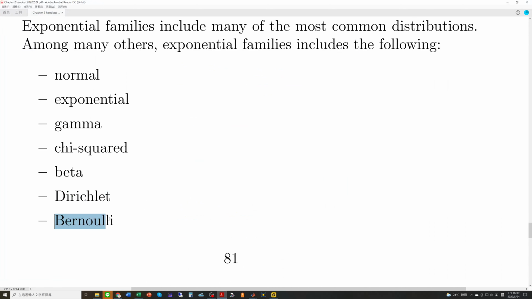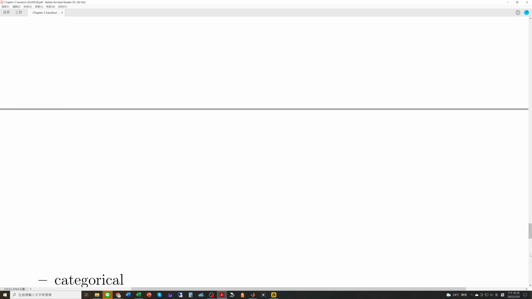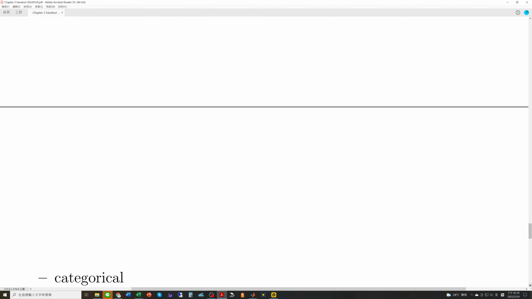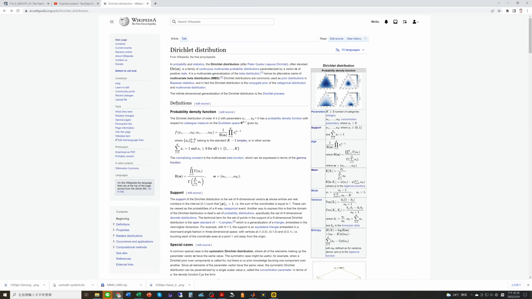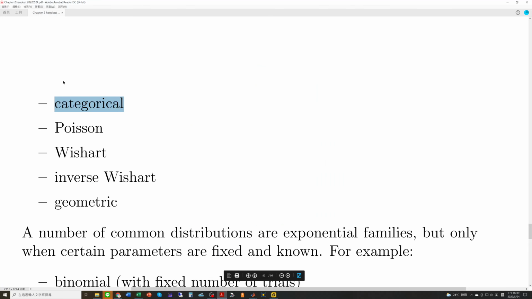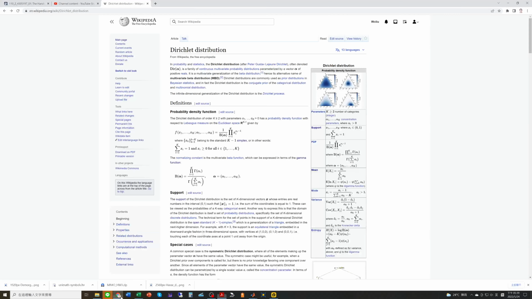And next, the Bernoulli distribution. Okay, I think you have already learned it in the course probability. And next, categorical distribution. Okay, what is this distribution? I do not put the information about the categorical distribution in this handout.